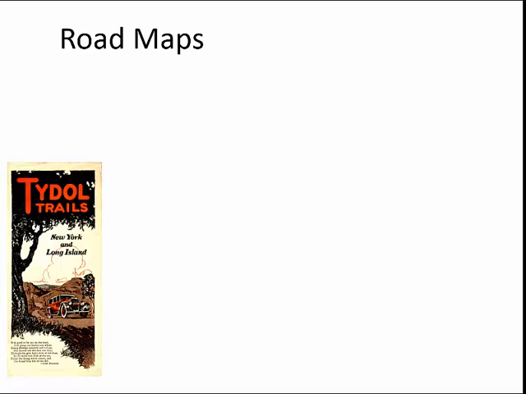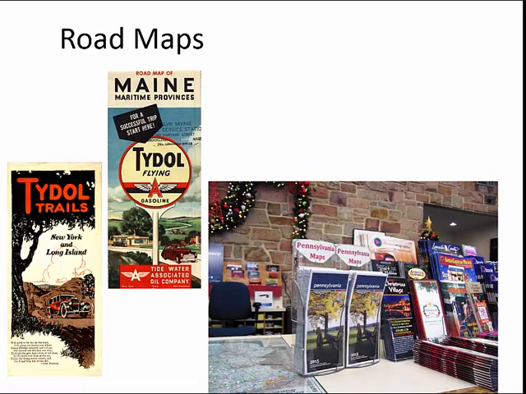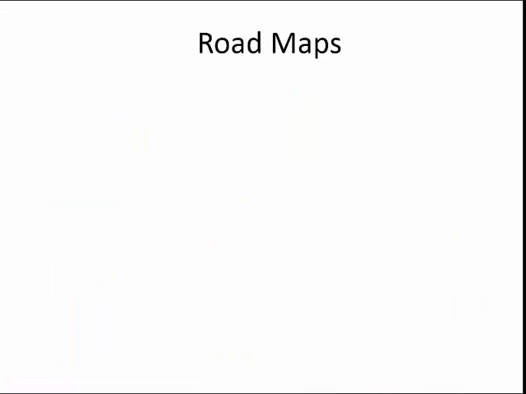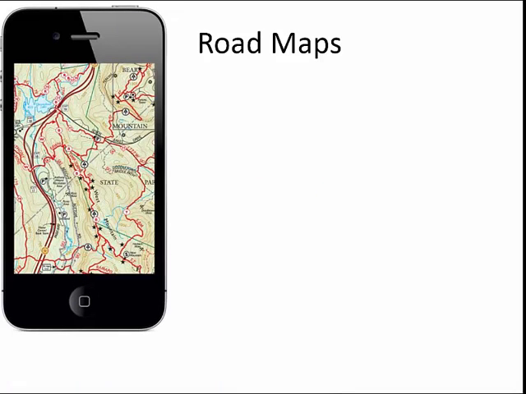Road maps used to be something you could stop at a gas station and purchase. With the development of the interstate highway, states in the United States began building rest stops along the interstate highway, and at these rest stops, you could purchase a road map. And road maps, you keep them in your car. They're still important, even though with the advancement of technology you can now get them on your cell phone.